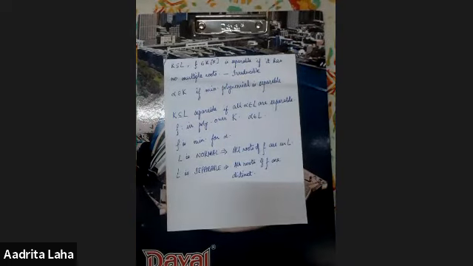So we see that if an extension is both normal and separable, then the polynomial f has n distinct roots in the extension L. So this is a good property that we would like to have.